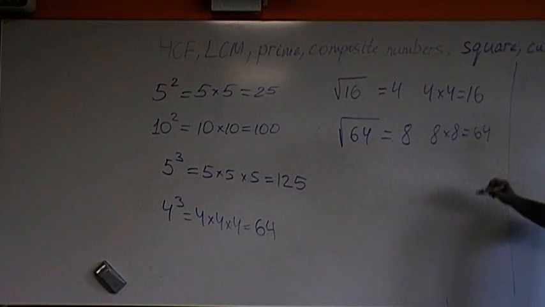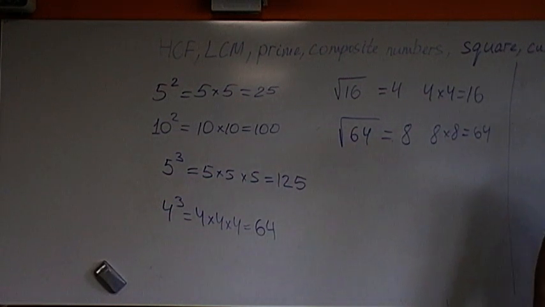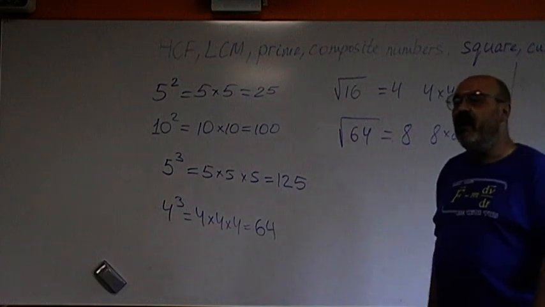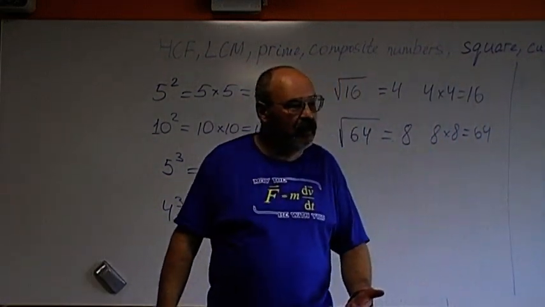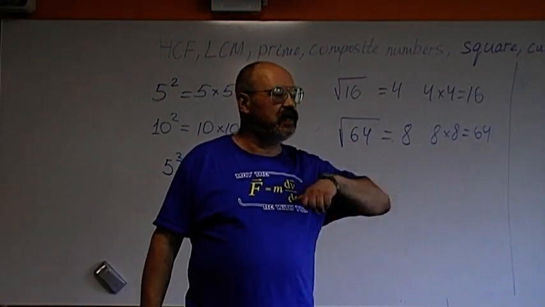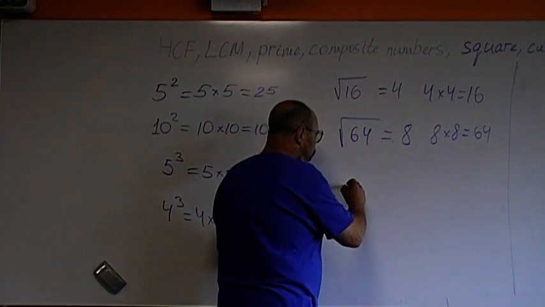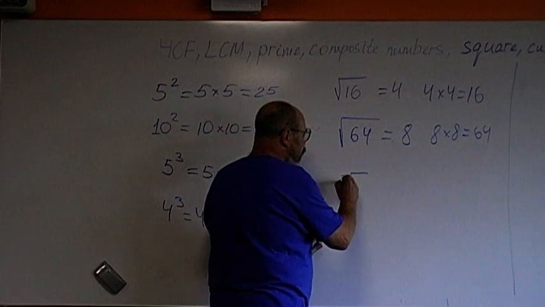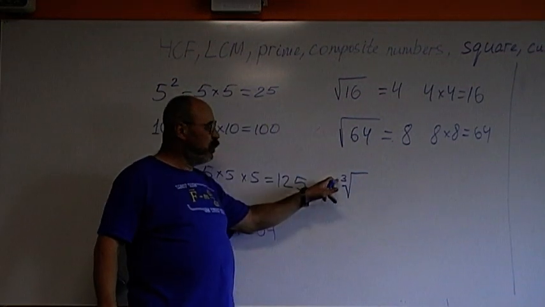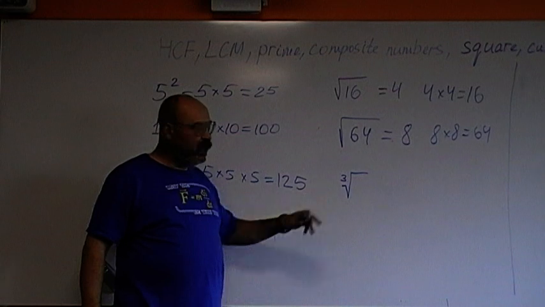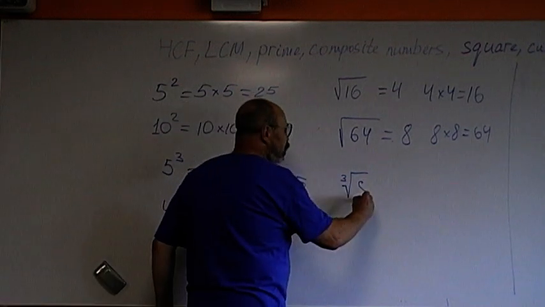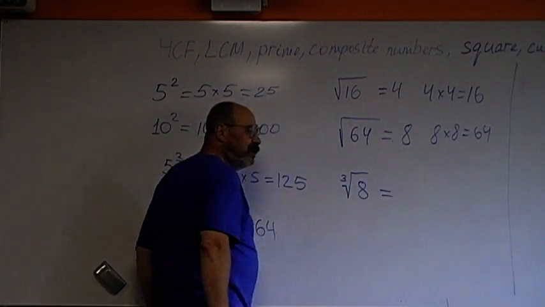Good. Now, cubic root. When a question asks for the cubic root, it means find the number which multiplied by itself 3 times equals what is under the cubic root. We write it like a square root but put 3 here, cubic root, let's say, of 8.